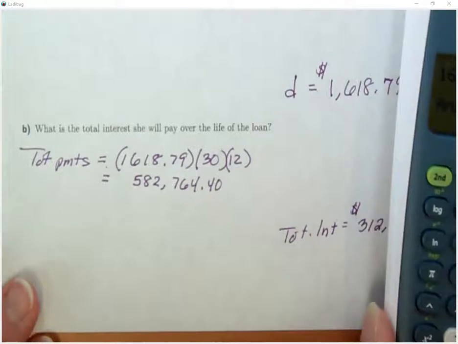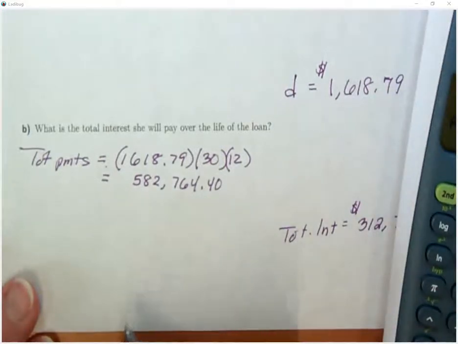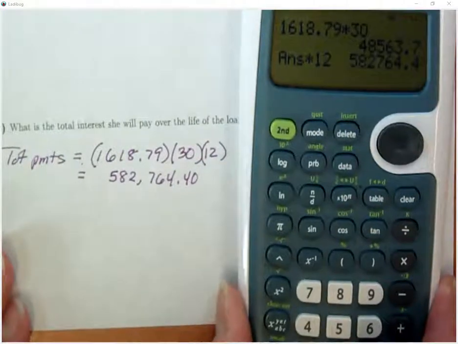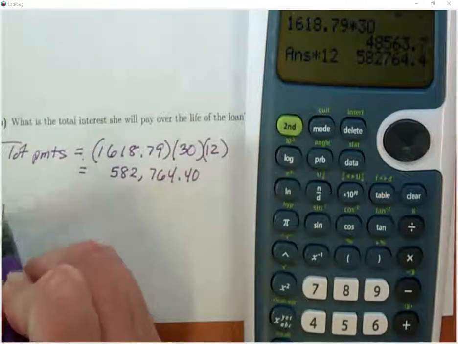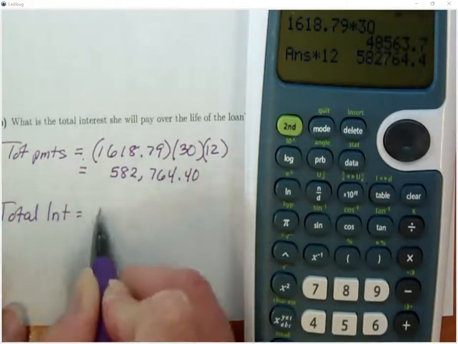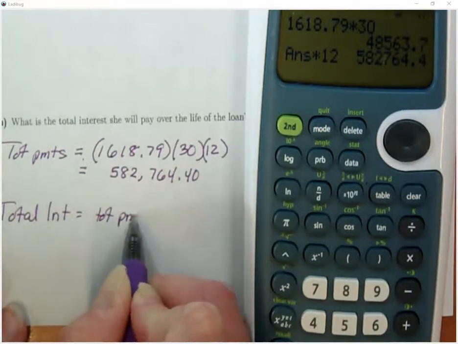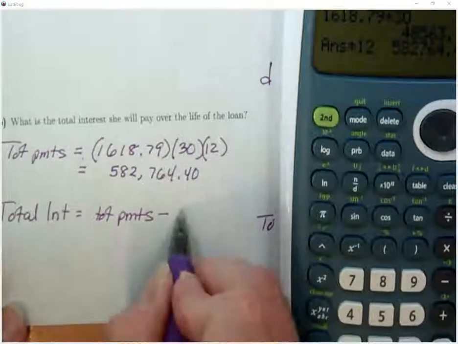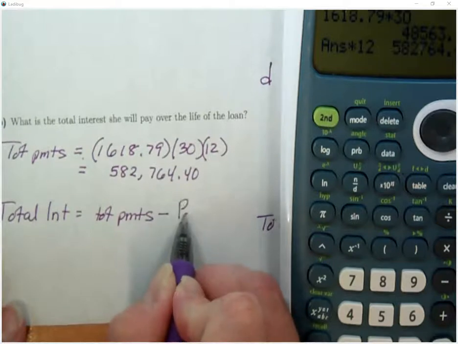And then now we're going to take that number, I'll leave that right there. And so my total interest, or my total payments, minus the loan amount, the piece at 0.